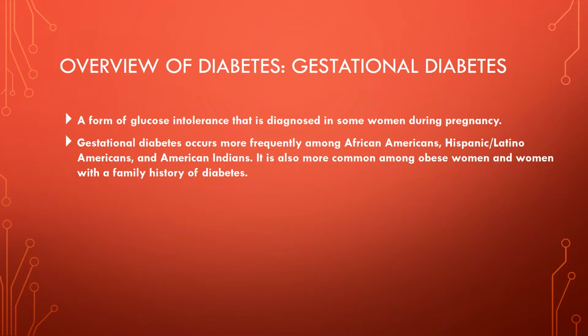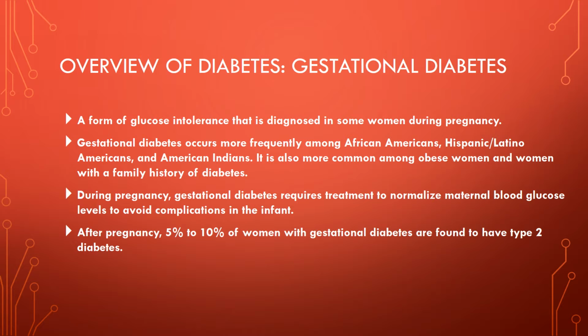It's also more common among women who are obese or who have a family history of type 2 diabetes. So typically this requires treatment to normalize blood glucose levels because there can be problems in the baby, particularly the baby gets too large and then delivery is very difficult.